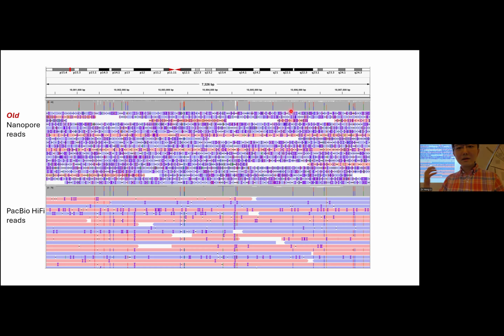But the HiFi data changed the game. You can see these very clearly. These are kilo-level SNPs, and these are well phased. You can see here there are multiple reads. This read doesn't have this color bar, doesn't have the kilo-level SNPs, but this one has it. It's clearly phased.